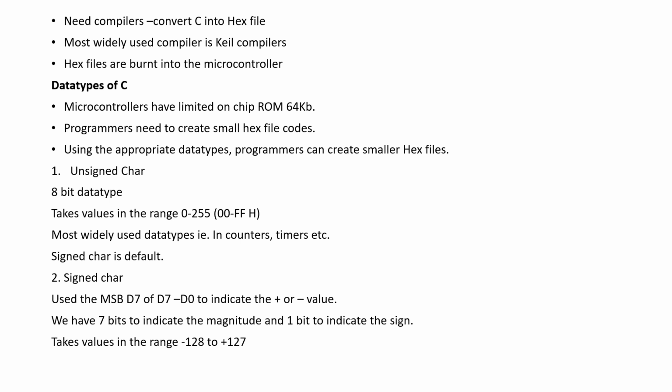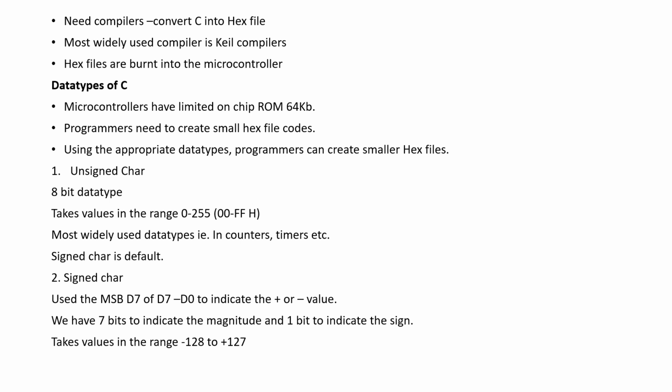First we will see the character data type. It is of two types. One is unsigned character and the other is signed character. Character data type is an 8-bit data type. In unsigned character type, there is no sign used, and in signed character type we are using a sign.